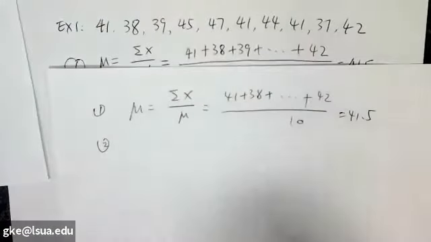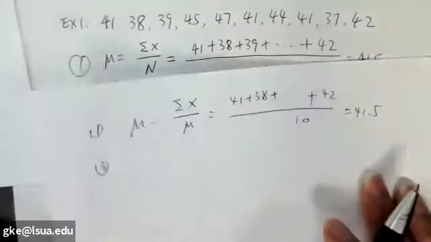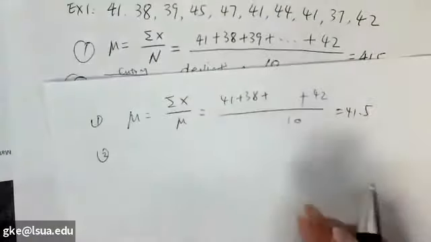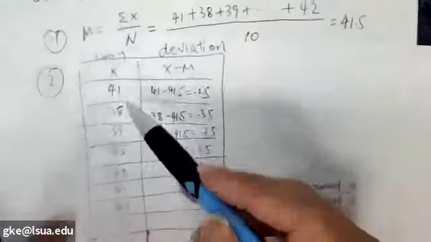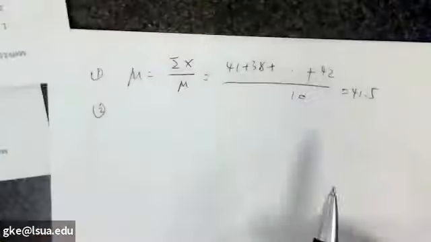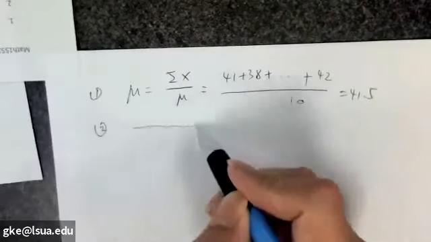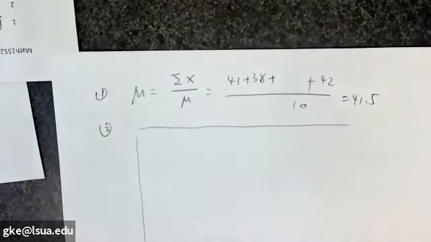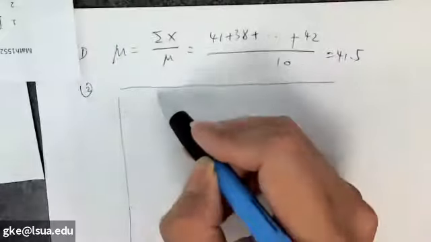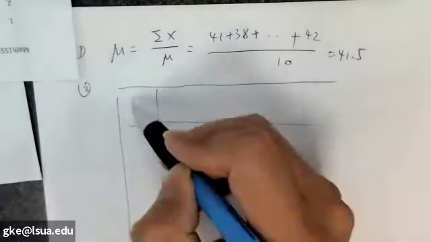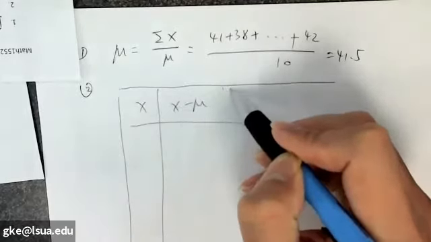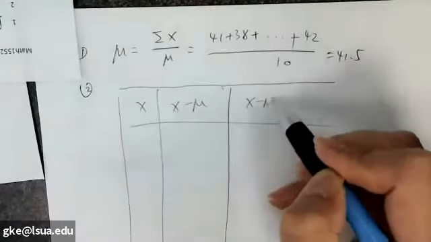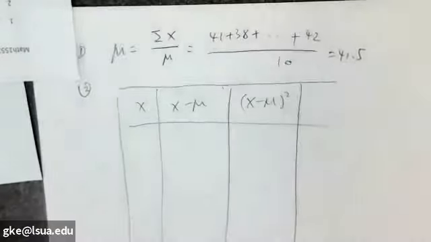We just add one extra step, another column for the table. So I'll list the table again: x, x minus mu, and x minus mu square.